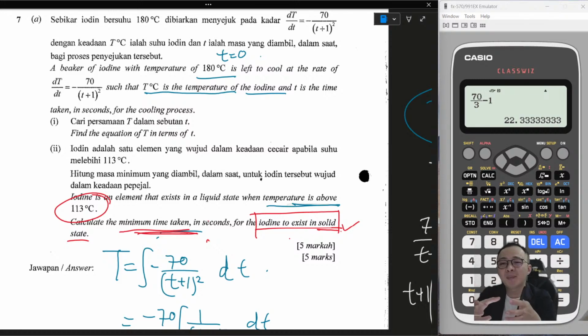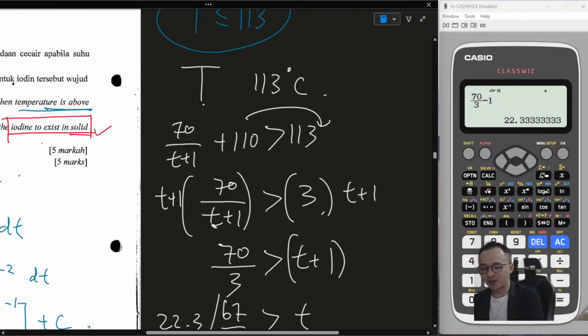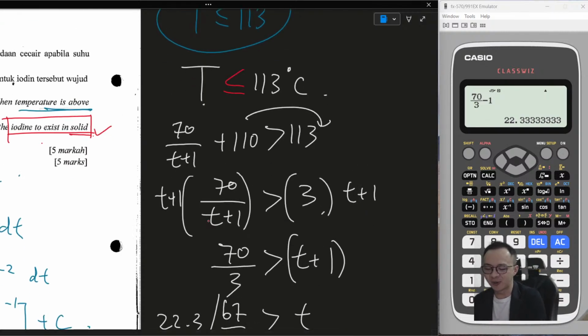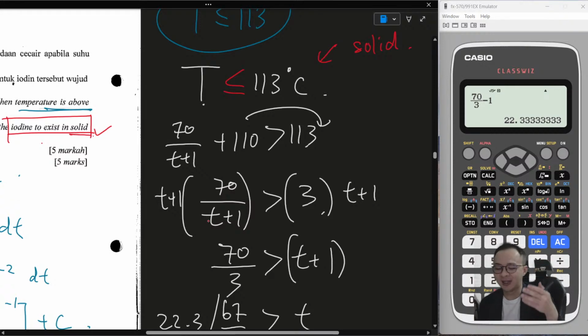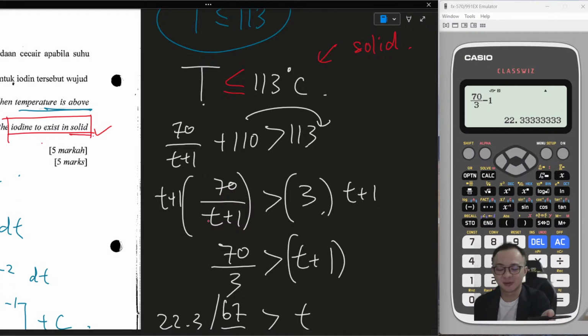Means the temperature must be less than or equal to 113. This one must be less than or equal to 113, because right now it is solid. Then when it is above 113, the iodine becomes a liquid. Yeah, then everything makes sense now.